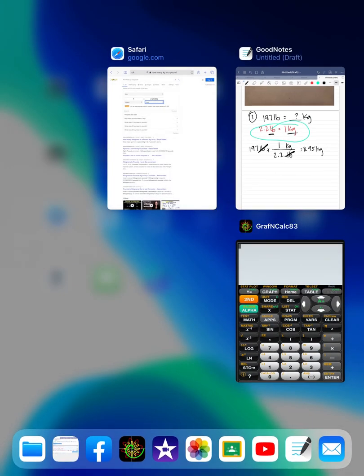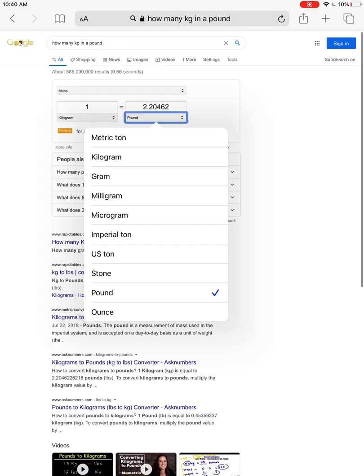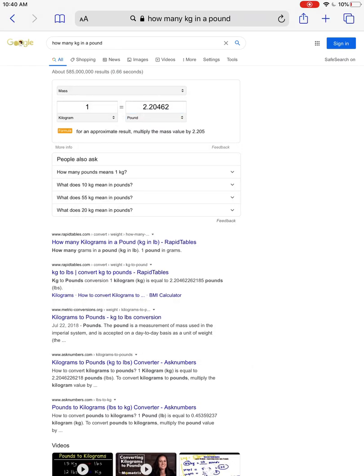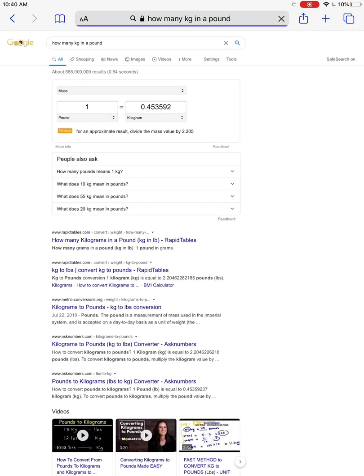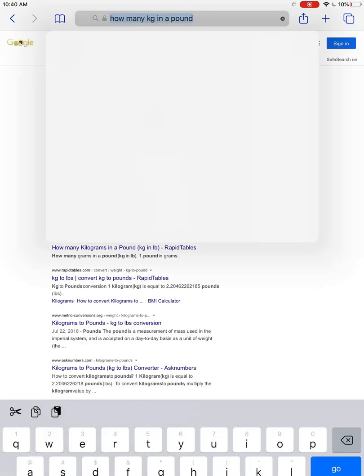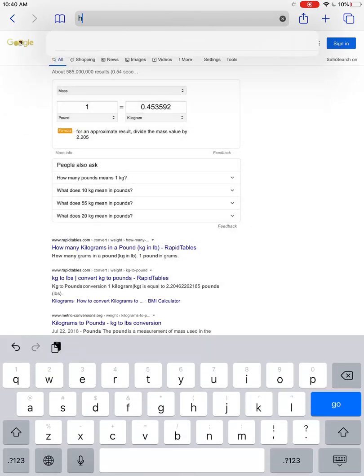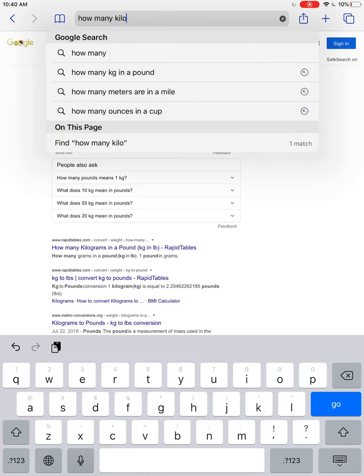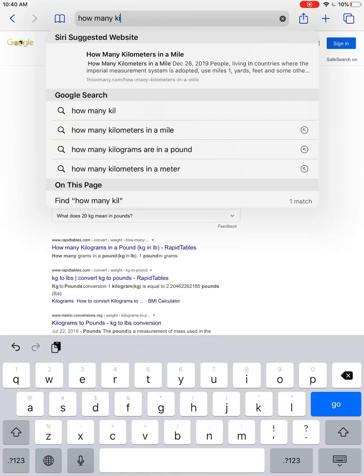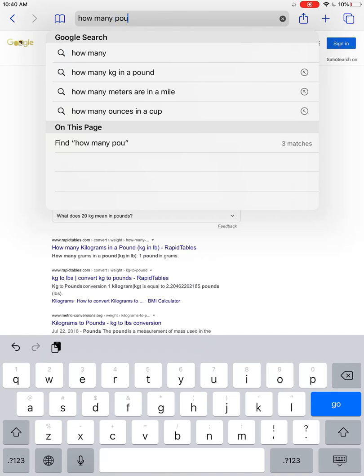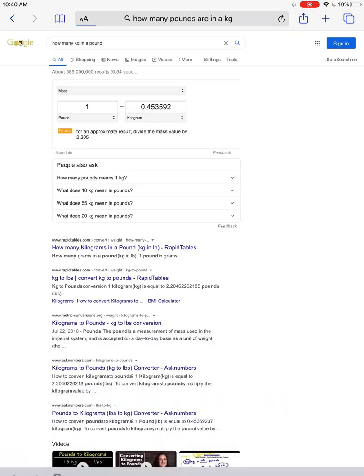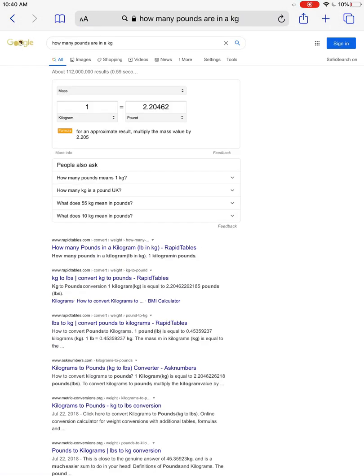Let me go back to Google. This is what it says: 1 kilogram equals 2.2 pounds. Let me type this in again. How many pounds are in a kilogram? 2.2.